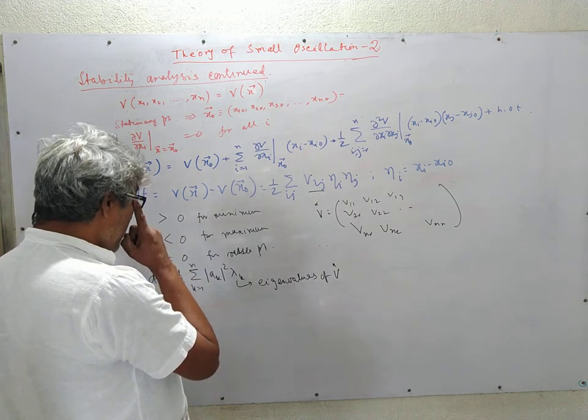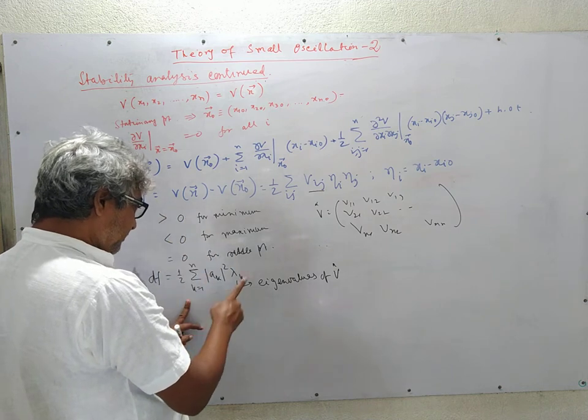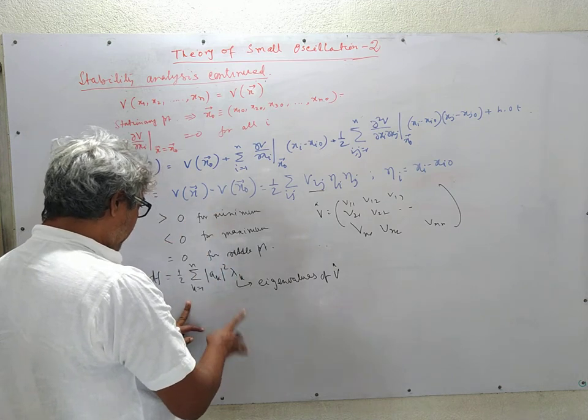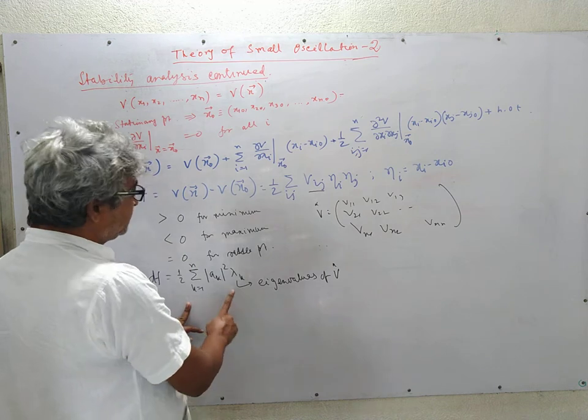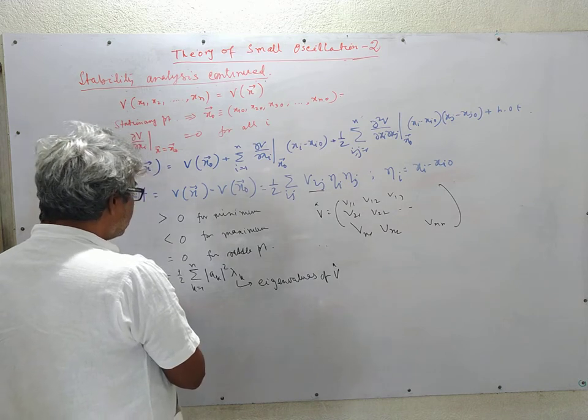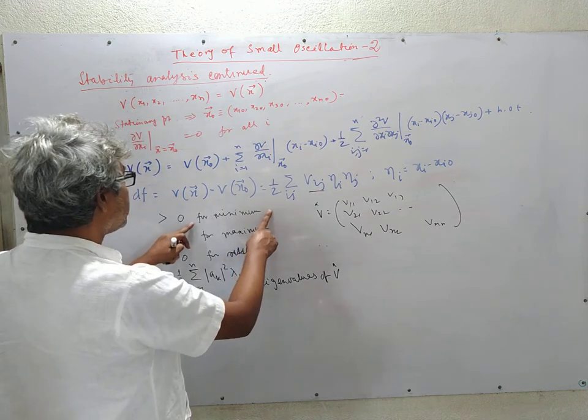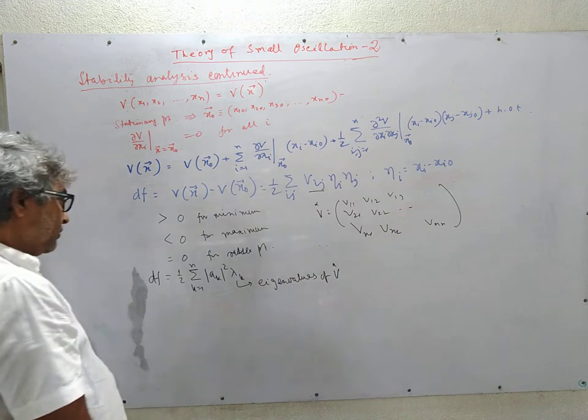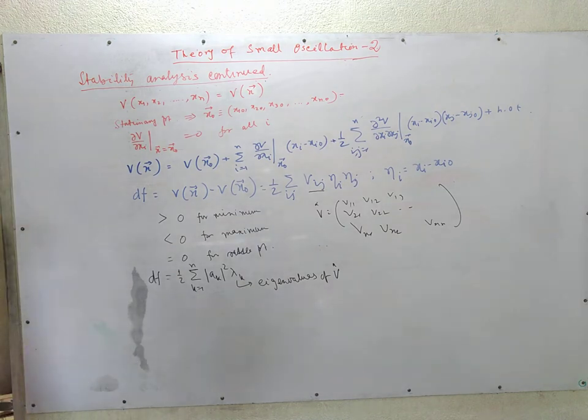If all the eigenvalues of V are non-negative, and at least one of them is positive, then this point corresponds to a minimum. On the other hand, if all the eigenvalues of V are negative, then it corresponds to a maximum. But no such simple conclusion can be drawn when the eigenvalues of the V matrix have mixed signs.